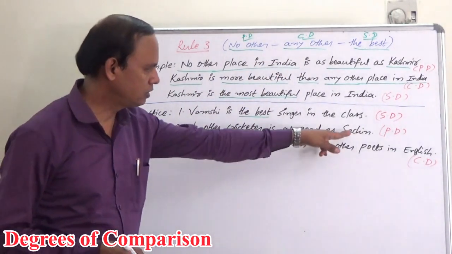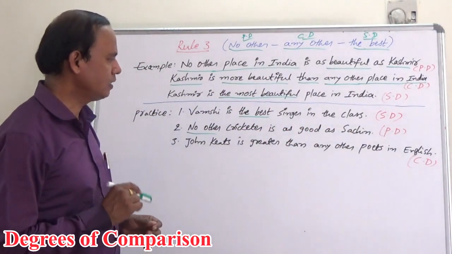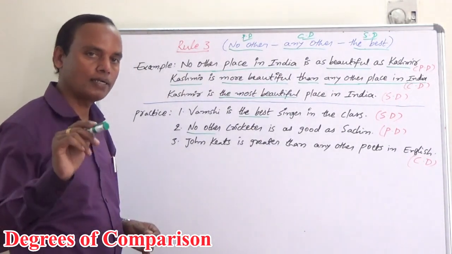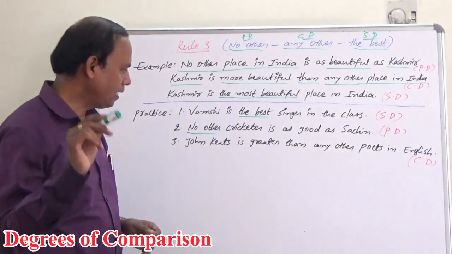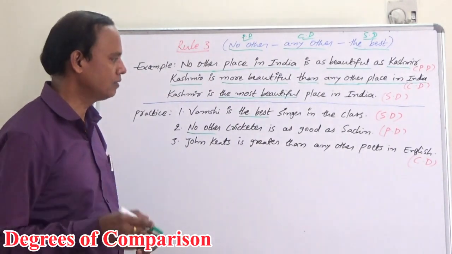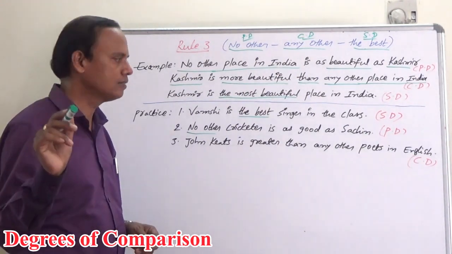Changing object and subject: Sachin is better than any other cricketer. Well, you can add the words in the world. Alright. Sachin is better than any other cricketer in the world.